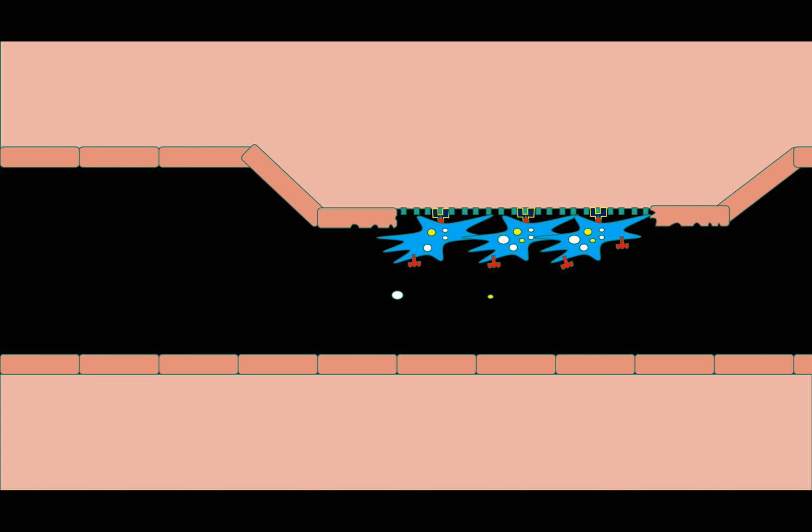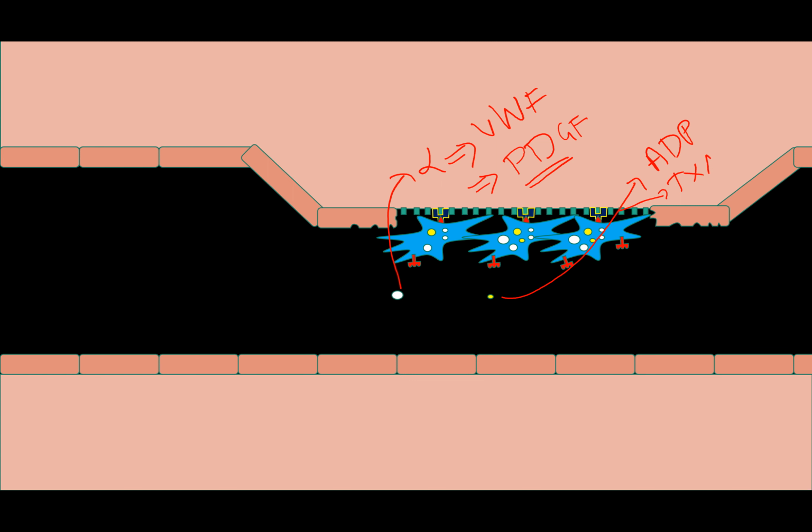Now, the alpha granule will release again more of the von Willebrand factor, leading to more activation of platelets. Also, the alpha granules will release the platelet derived growth factor, which will help in the long term healing of the wound. Similarly, the dense granule will release two things, that is ADP, adenosine diphosphate, and thromboxane A2.